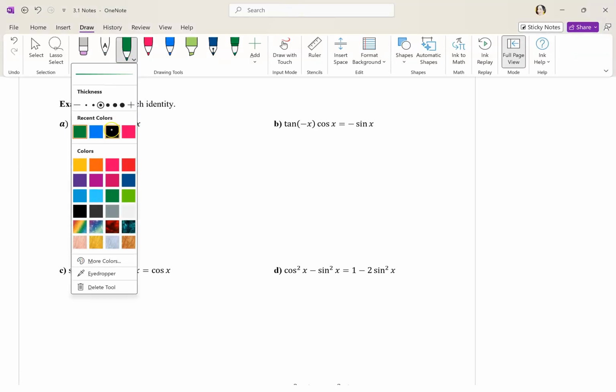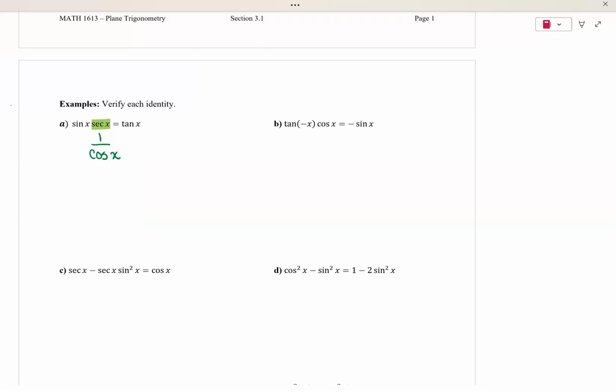Now, I'm going to try to switch my colors often so that you can see what all we're doing. So I'm going to rewrite my sine of x right here. Okay, so I'm going to make it a little bit higher, about right here. So we changed everything that we could. Okay, so we're going to go ahead and use algebra and multiply. So sine of x times that 1 is sine of x.